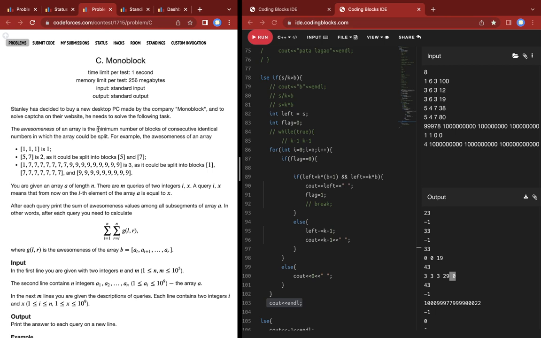What does it mean, minimum number of blocks? If you are splitting by the identical numbers, then there is no minimum or maximum.